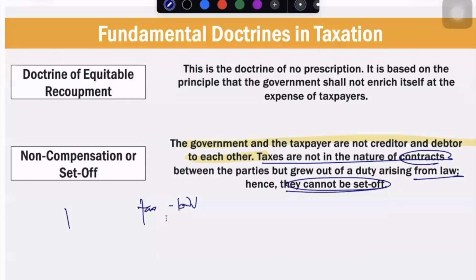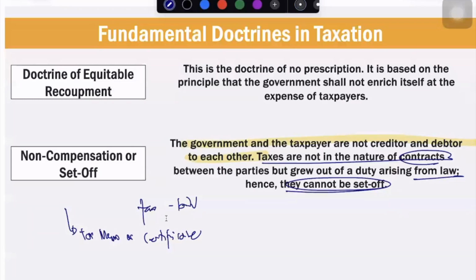But we have now the concept of tax memo or certificate, and we use this tax memo or certificate to pay off our taxes. So generally, there's non-compensation or set-off because again, you cannot extinguish the obligation here because there is a differing source of obligation.